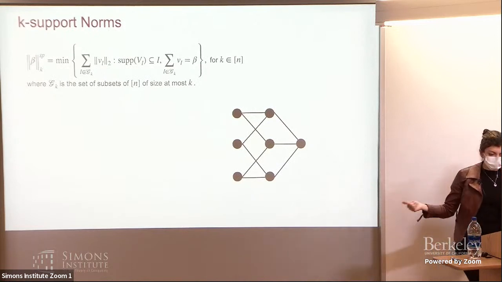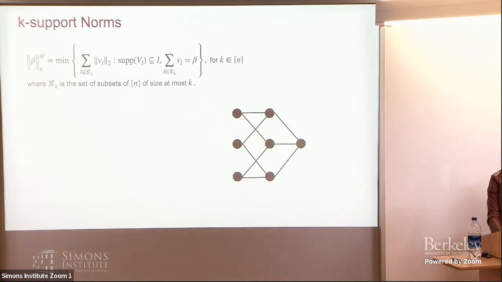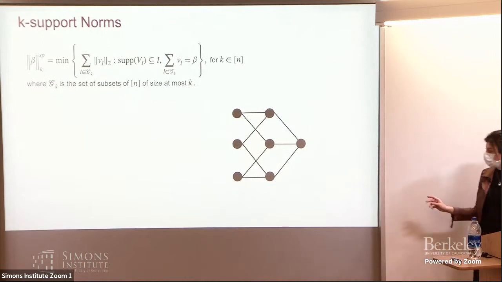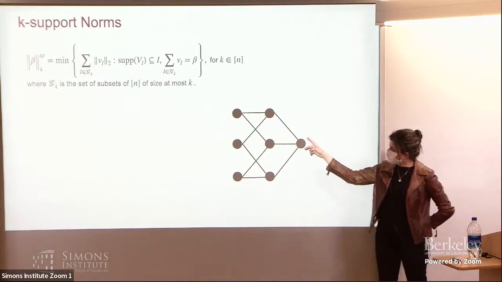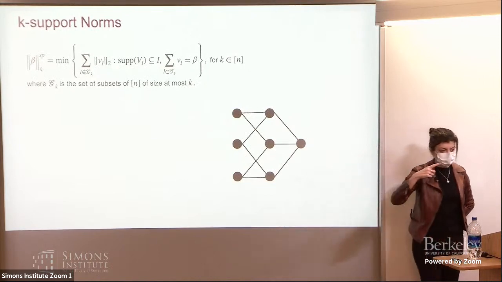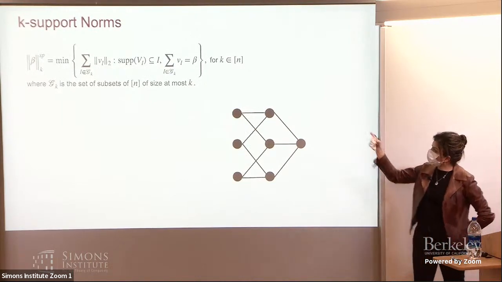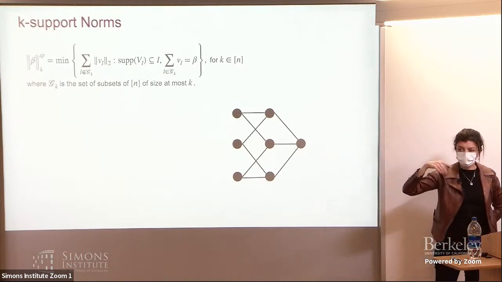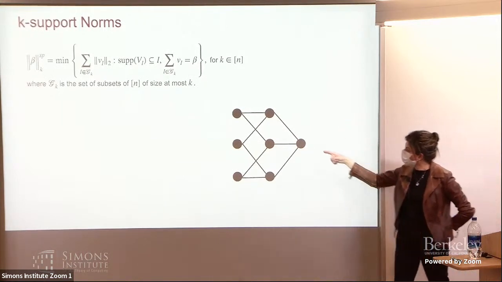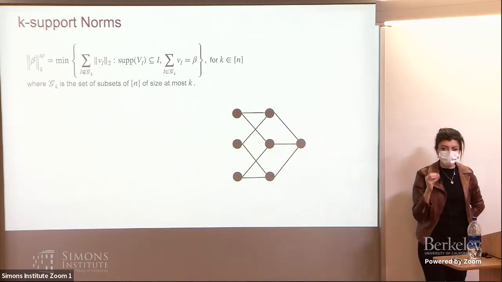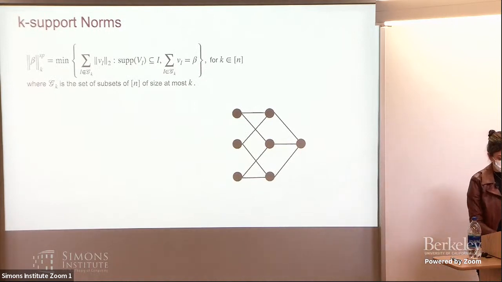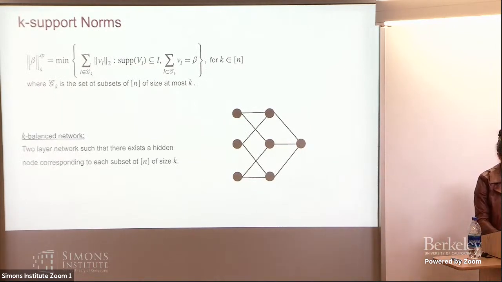And we showed that K-support norms are actually achievable using linear neural networks. And for that, we need a 2-layer network where each node is connected to one of the subsets of size k. So each node corresponds to one subset of size k of the n input dimensions.